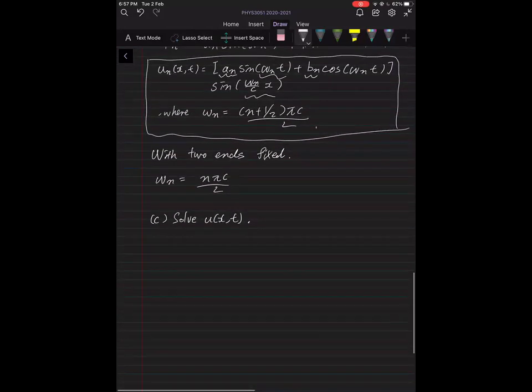In order to solve for A_n and B_n, we have to impose initial conditions. So we have u(x,0) equals f(x), and then we also have the initial velocity equals g(x).